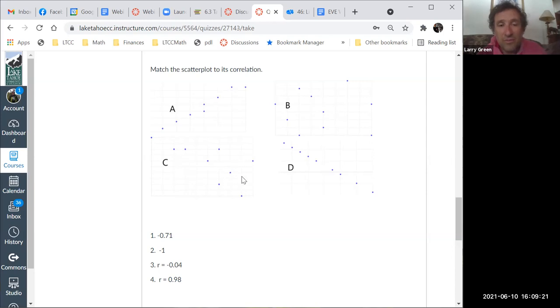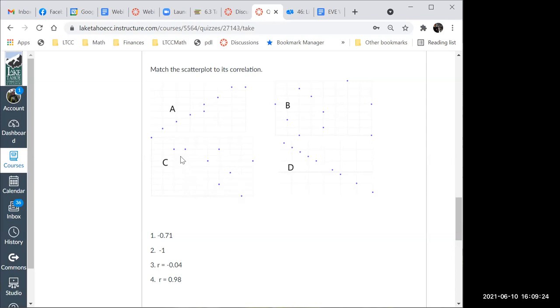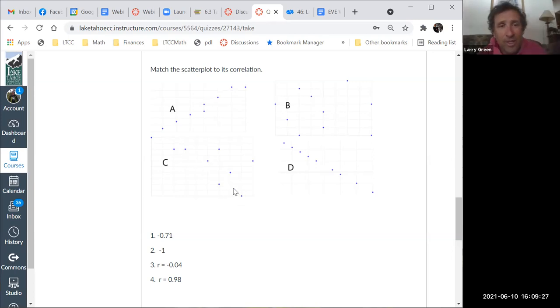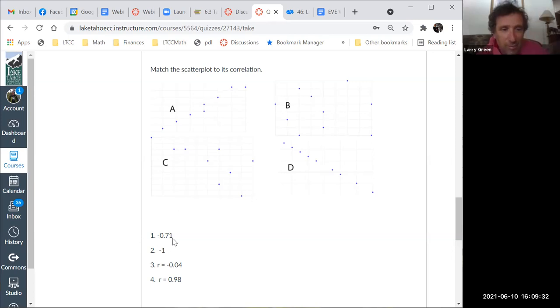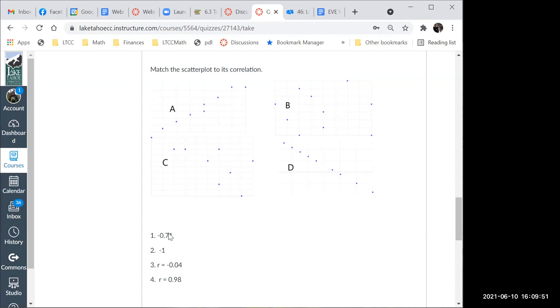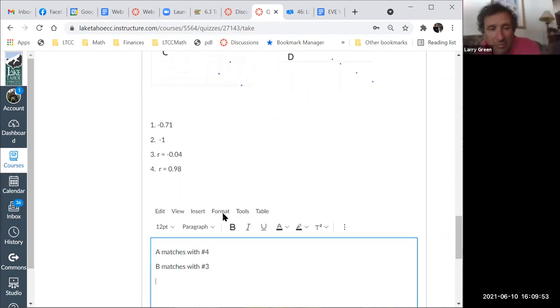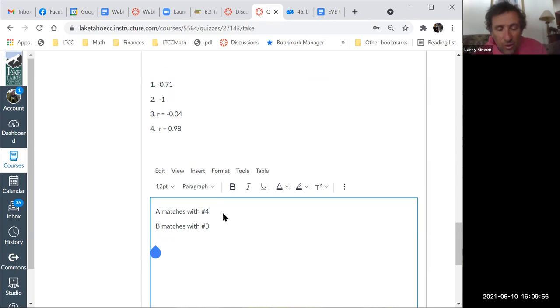Somewhat scattered. You can definitely see there's a negative slope, but they're somewhat scattered. And we only have 2 choices left. Of negative 0.71 and negative 1, which one must be C? Negative 0.71, because it's not a perfect line. Yeah. So number 1 matches with C.